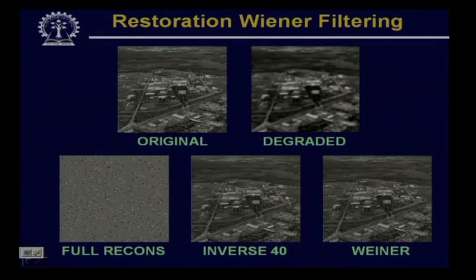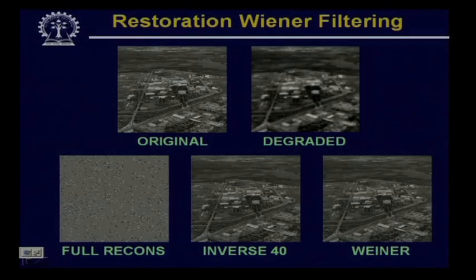The middle one shows the reconstructed image using inverse filtering, where only the frequency components within a distance of 40 from the center of the frequency plane have been considered for reconstruction, and the rightmost one is obtained using Wiener filtering, and for obtaining this particular reconstructed image the value of k was manually adjusted for best appearance.